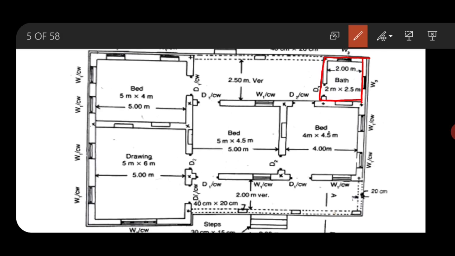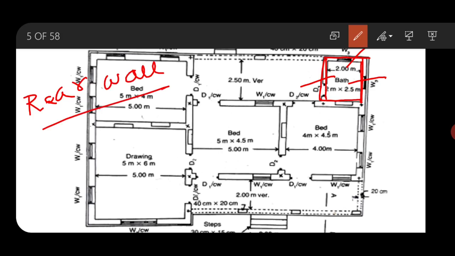In the total bathroom, there are 3 numbers of wall. These 2 side walls and 1 rear wall. So first we will go for the calculation of the rear wall, that means the back side wall.